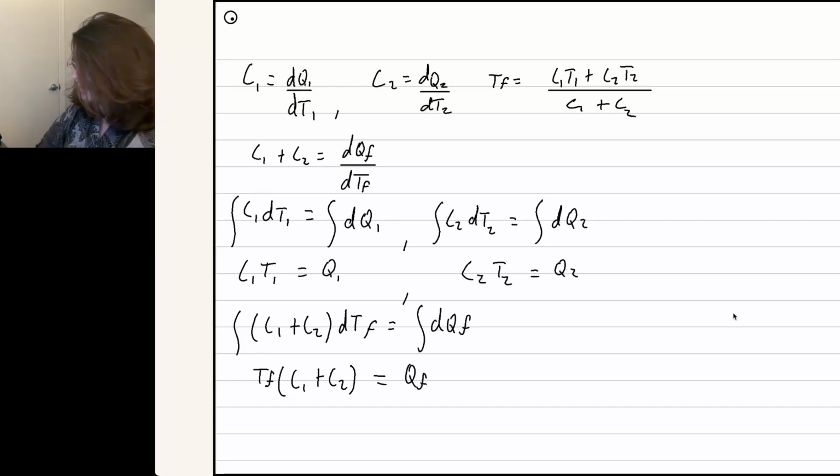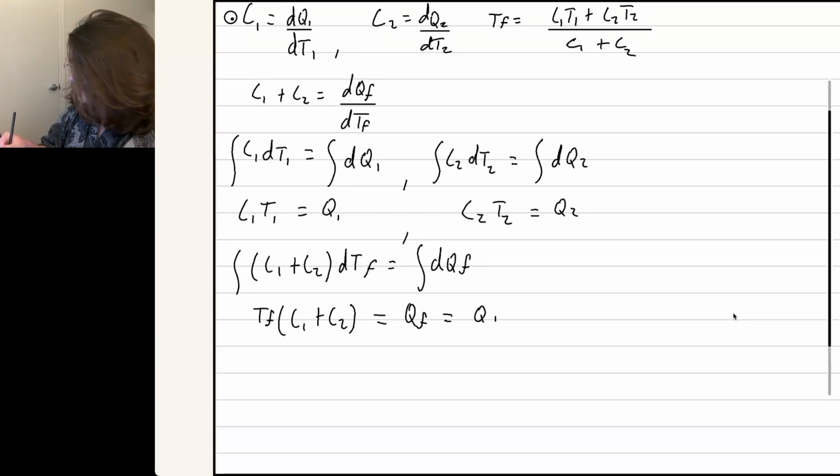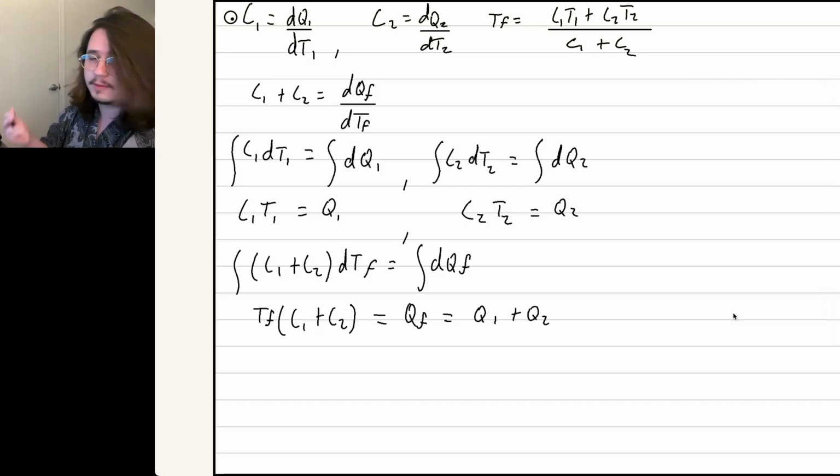Now, the total heat transfer for the problem is also just equal to the sum of the individual heat transfers, which we have forms for already from the other two differential equations.